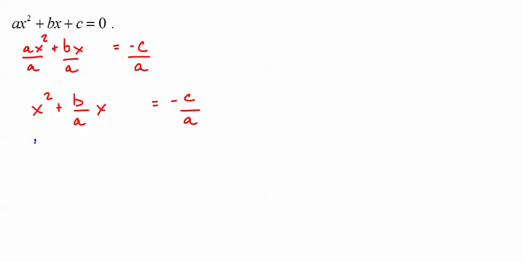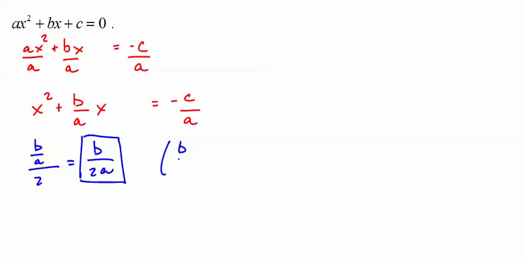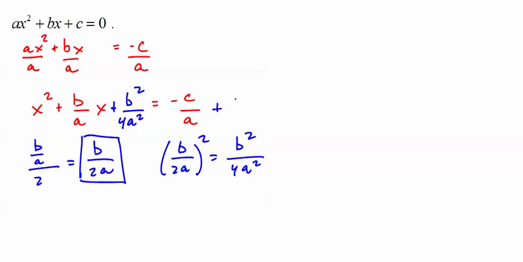Remember, b over a over 2, which is just b over 2a. b over 2a squared equals b squared over 4a squared. Add it to both sides. What's in the box? x plus b over 2a.